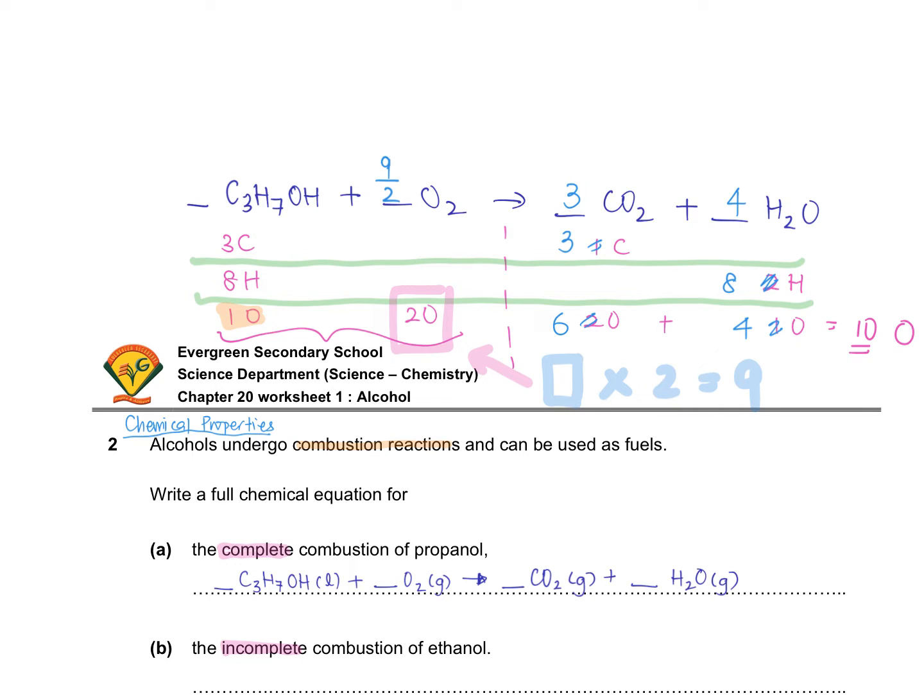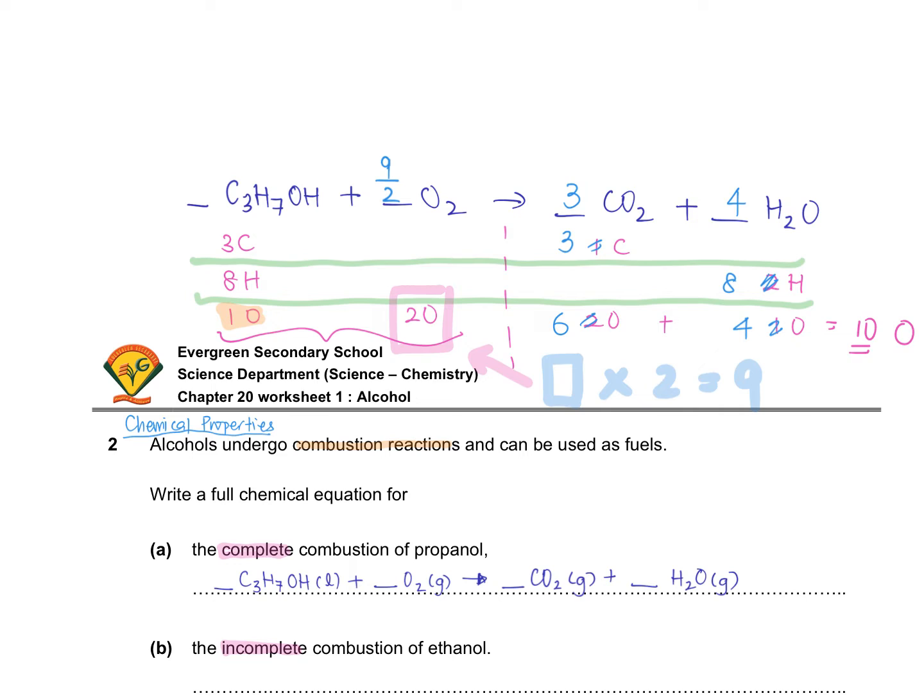Yeah, you cannot put 4.5. How to make it a whole number? What will you do to make your 0.5 into a whole number? For math, what will you do? You multiply by 2. You multiply the whole thing by 2 throughout. So when there's no number here, you know that it's a 1, right? So if I multiply everything by 2 throughout, means this becomes a 2.